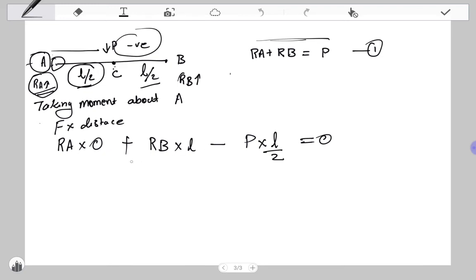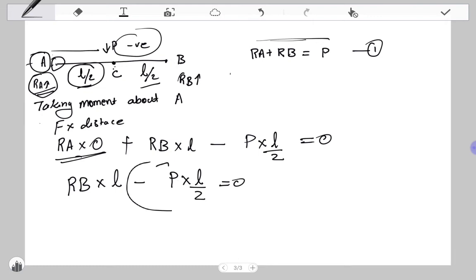Now can we solve this equation? Since RA into 0 is 0, this will be 0. What is the remaining thing? RB into L minus P into L divided by 2 is equal to 0. Now if I take the minus PL to this side, RB into L is equal to P into L divided by 2.